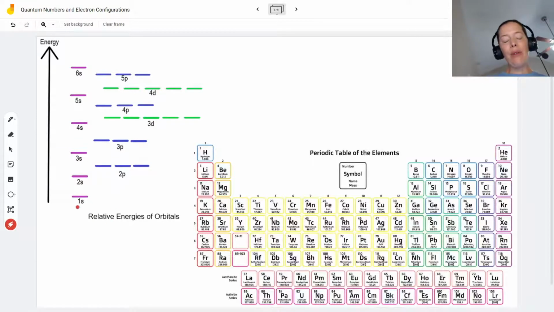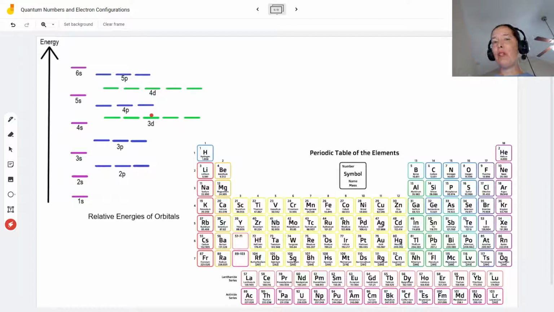What you have when you're following your energies is after 3p, your next lowest energy is actually your 4s. So when you are using the Aufbau principle and filling your energy orbital diagram from lowest to highest, you will fill your 4s orbital before you fill your 3d orbital.